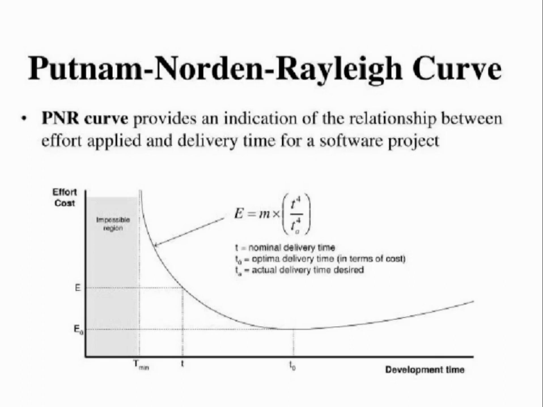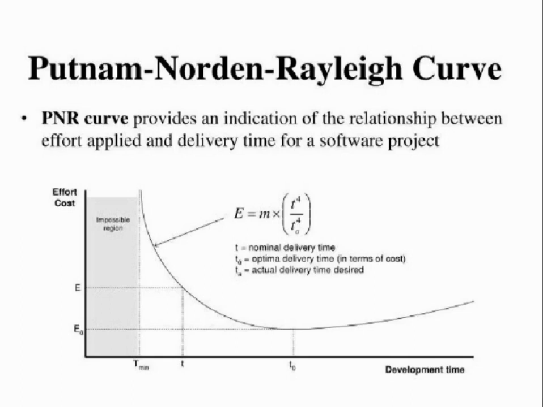Putnam analyzed a large number of projects and derived the expression L = Ck K^(1/3) Td^(4/3), where Ck is the state of technology constant that reflects the various factors that affect the productivity of the programmer.